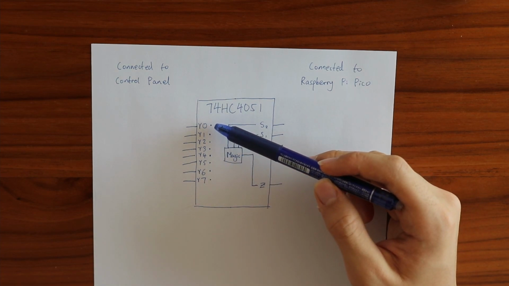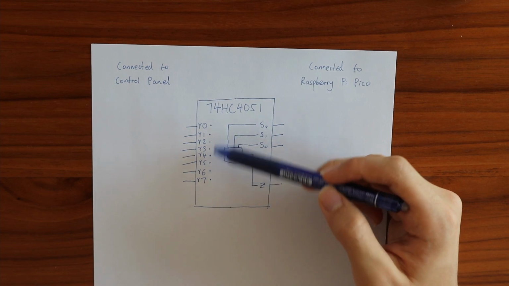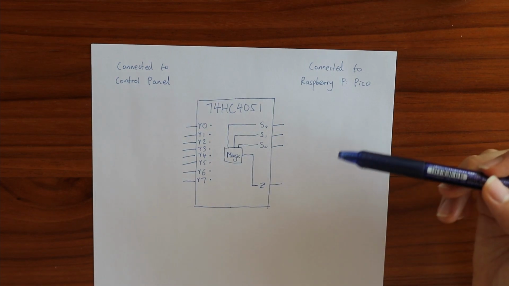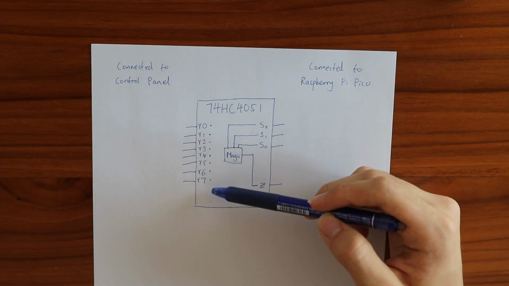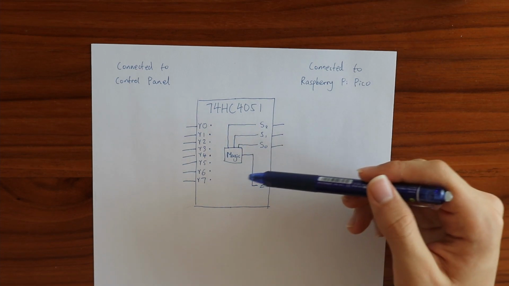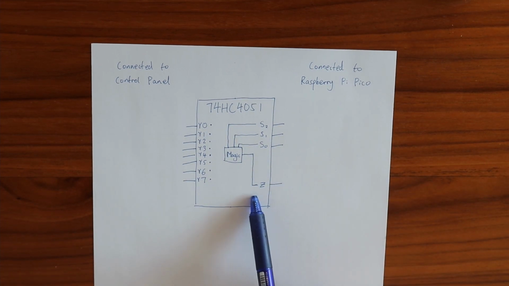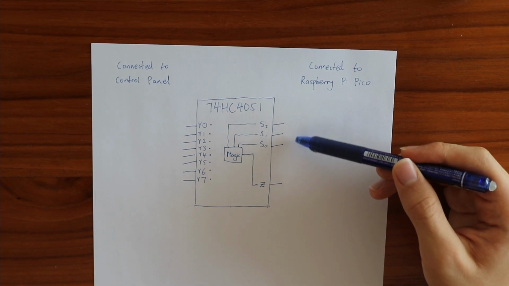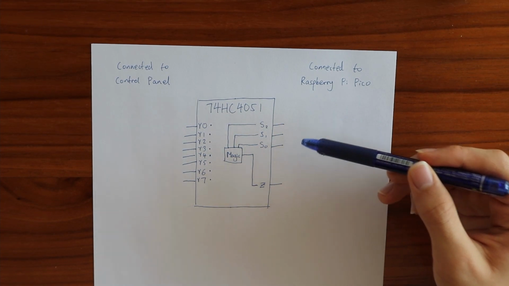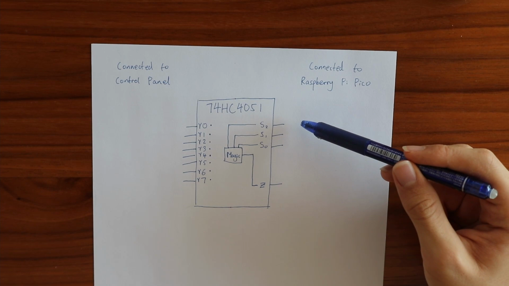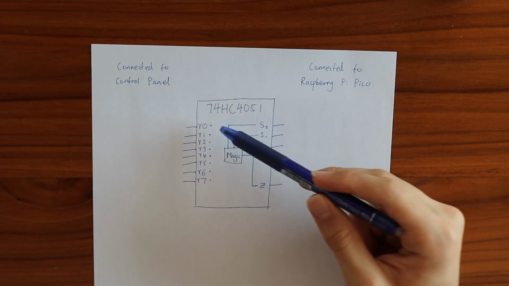They're numbered Y0 to Y7, which is what the datasheet calls it. In order to select which one of these 8 pins is connected to the output pin, which is called Z, a 3-bit binary value is needed, since a 3-bit binary value is able to represent all numbers between 0 and 7.